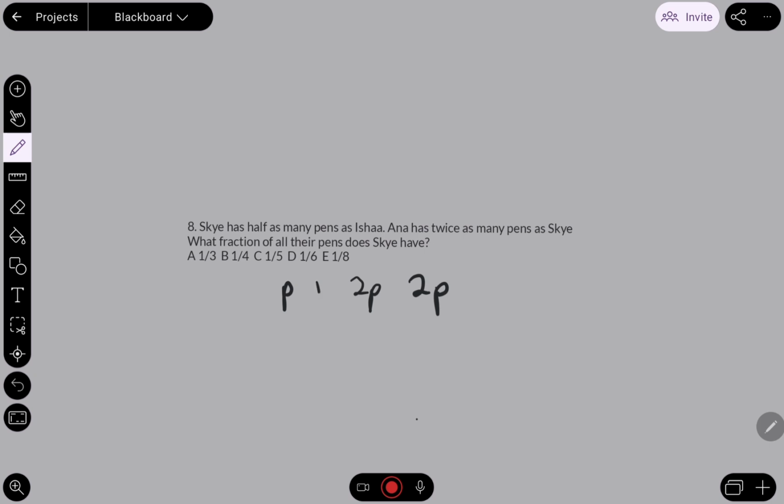And if we add all this together, we have 5p. The amount of pens that Sky has is p out of the entire 5p. We could say p is the same as 1p. 1p over 5p. All we have to do is just simplify. Get rid of the p's. And our answer is 1/5, aka C.